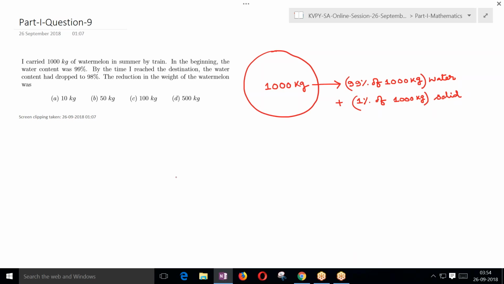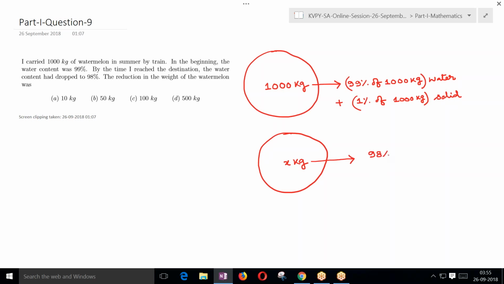Now at the destination, what happens? This is not 1000 kg now. It has reduced. Suppose it becomes x kg. Out of this x kg, water is 98% of x kg.